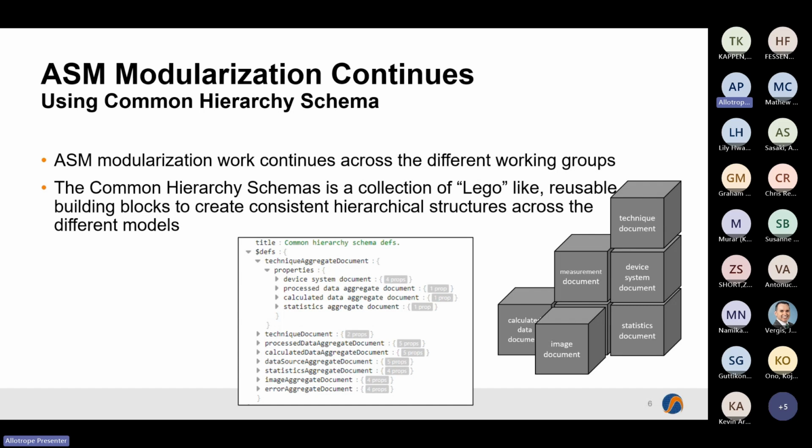There's commonalities, and so in order to make those consistent across the entire suite of models, and not incidentally to make it easier to then build new models following those same patterns, we have the common hierarchy modules that let us enforce those consistently across the patch.